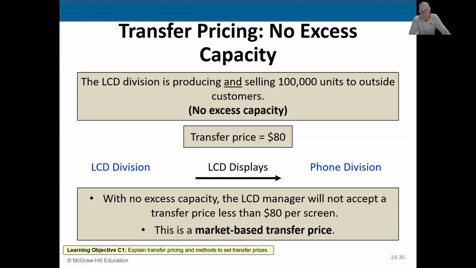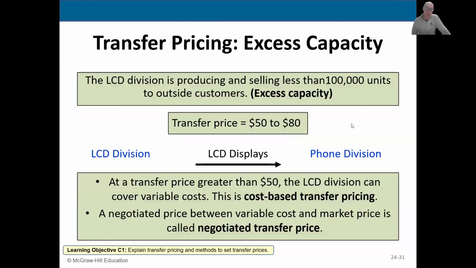There's no excess capacity. When there's no additional capacity, the LCD manager cannot accept a transfer price of less than the market price. When there is excess capacity to produce, the transfer price will be somewhere between $50 and $80, which is the cost plus for transferring the products to the other division.